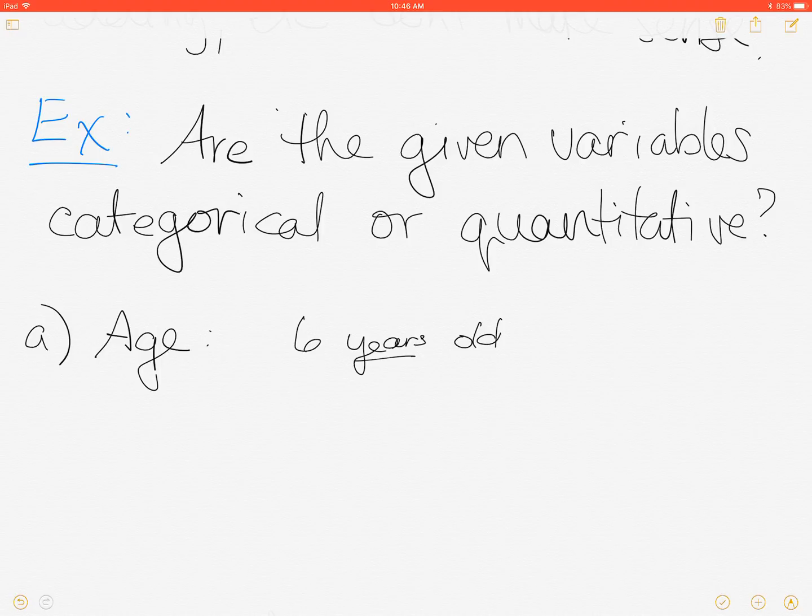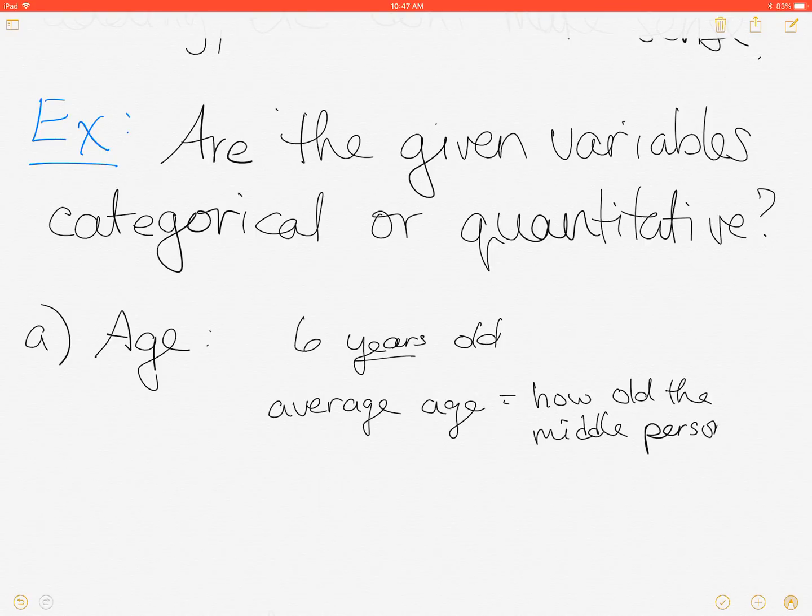Also, an average age would tell us kind of how old the middle person is. Now, don't take that word middle too literally. Like, some people are young, some people are old, but that middle person is about 27 or whatever it is.